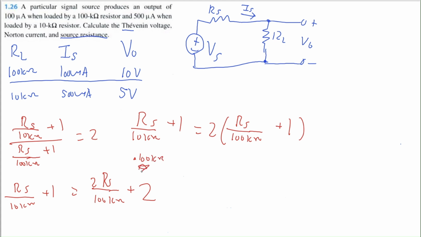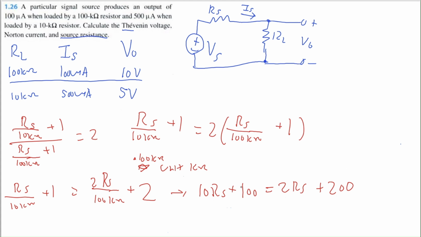And I'm going to make a note that my final answer will be in kiloohms because I am going to cancel all these units now. So if we multiply everything by 100 kiloohms, that'll give us 10 RS plus 100 on the left side is equal to 2 RS plus 200 on the right side.